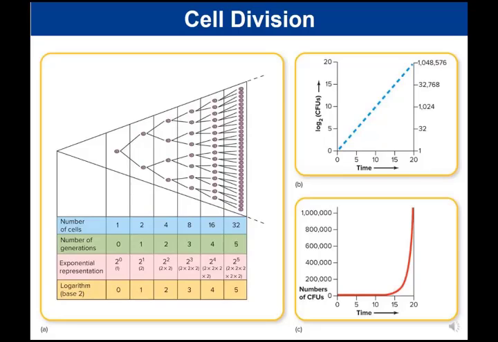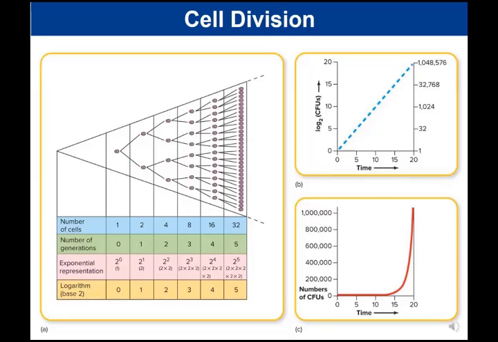So what you're looking at here is different representations for how the cell division can be plotted. And so what you're looking at on the left is showing you if you start with one cell and you get to one generation, that's going to go from one cell to two, right? And so 2 to the 0 for the one cell, 2 to the first, we have 2 cells, right?